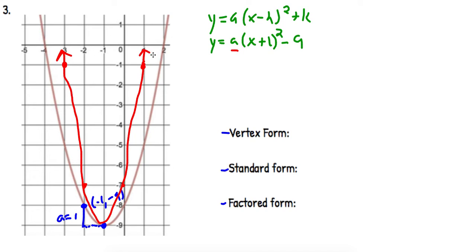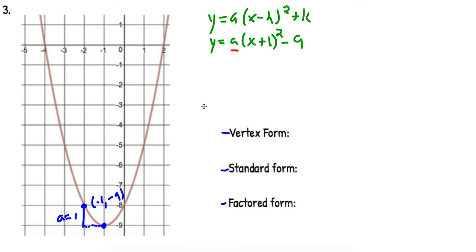If I were to figure out what the a value was, I'd do the same thing: go to my vertex, go out 1 in the x direction, and see how far I have to go up until I hit my graph. In this case, if I go up 2 units, that means that my a value of this parabola would equal 2. Hopefully that helps piece together finding the a value from the graph. Let's get rid of all this.